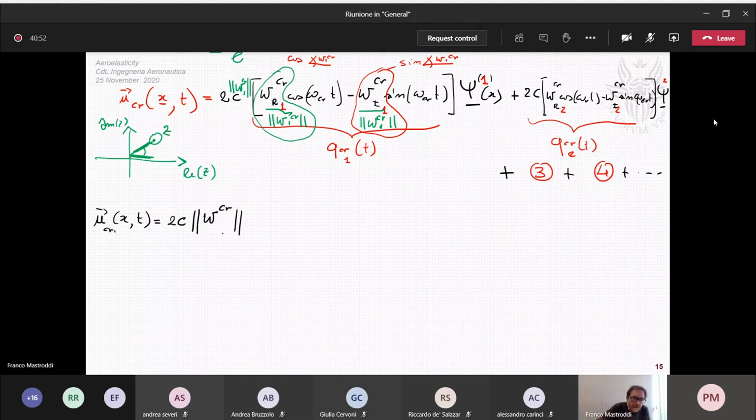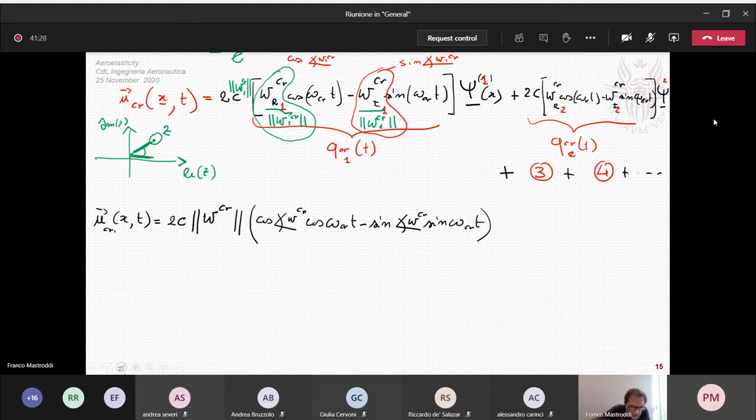I have this quantity multiplied by the cosine of the phase angle of W critical first component by the cosine of omega critical T, minus the sine of the same complex number phase by the sine of omega critical T.